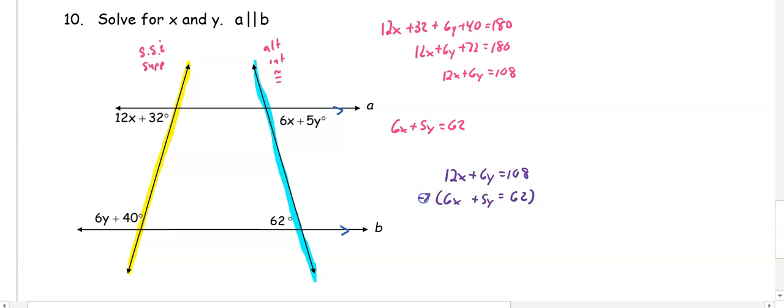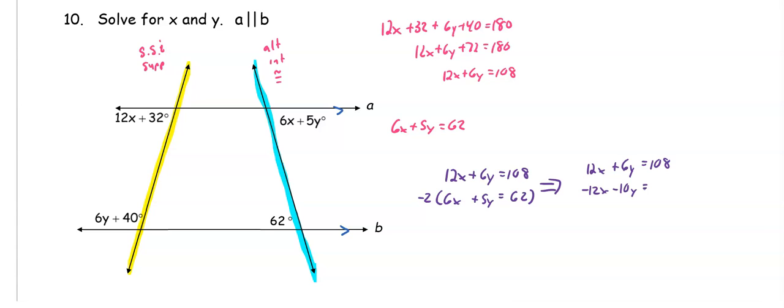So to eliminate our x's, we can multiply the second equation by -2. So we get 12x plus 6y equals 108, and we get negative 12x minus 10y equals negative 124.